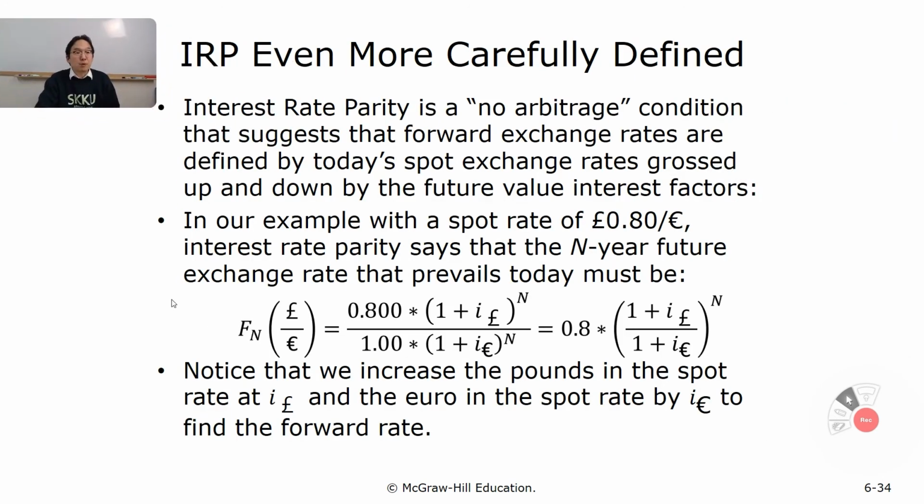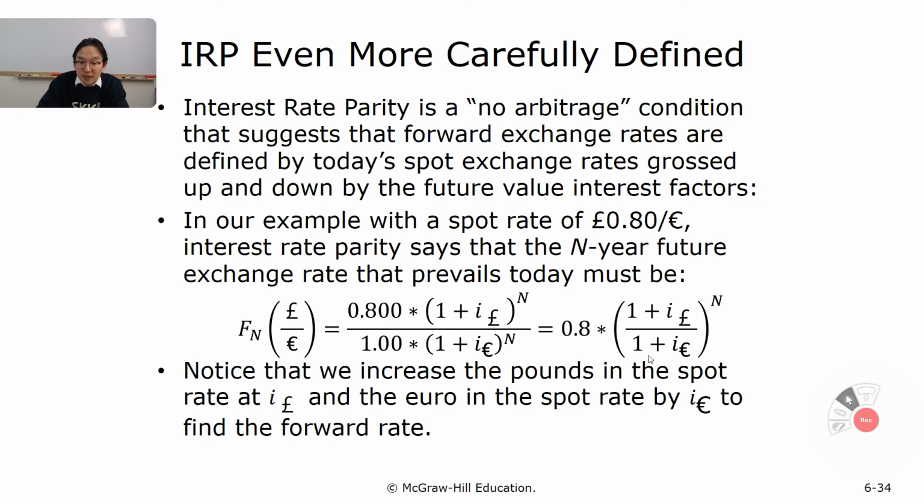Now, interest rate parity is a no arbitrage condition that suggests that forward exchange rates are defined by today's spot exchange rates, grossed up and down by the future value interest factors. In our example with the spot rate of 0.8 pounds per euro, interest rate parity says that the n-year forward exchange rate that prevails today must be 80 cents per euro times these terms, up and down, numerator, denominator.